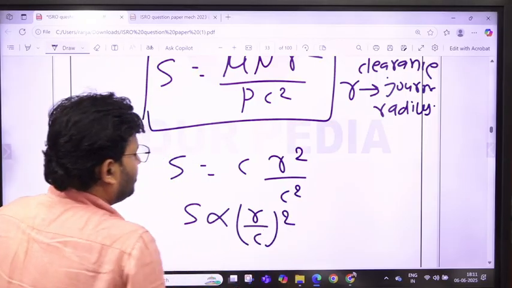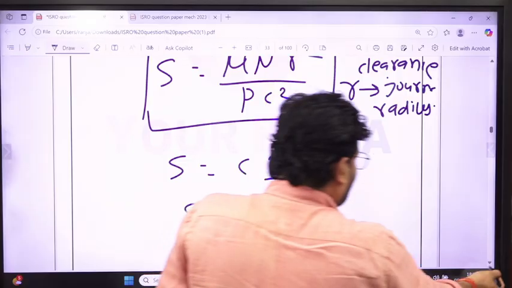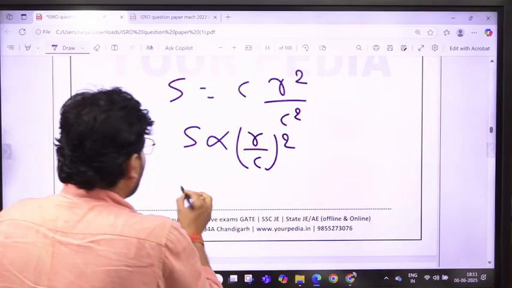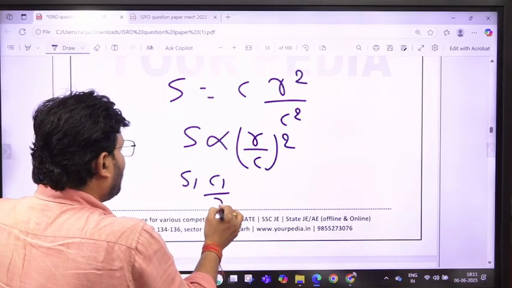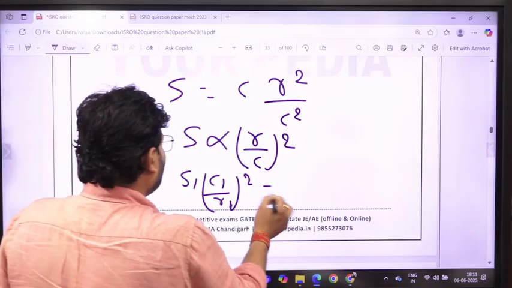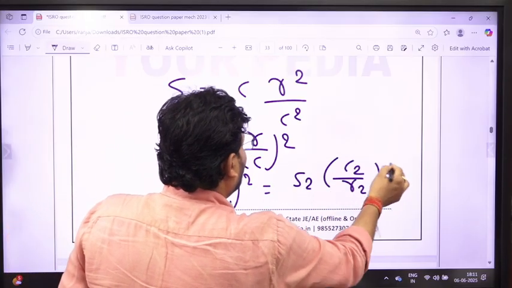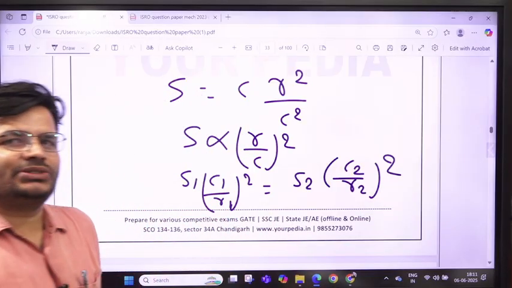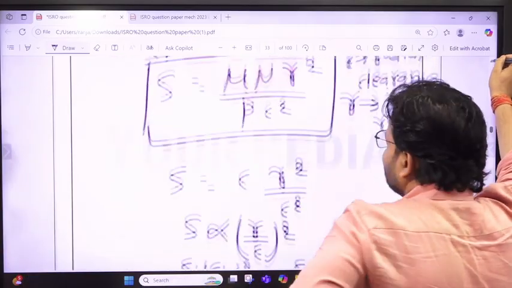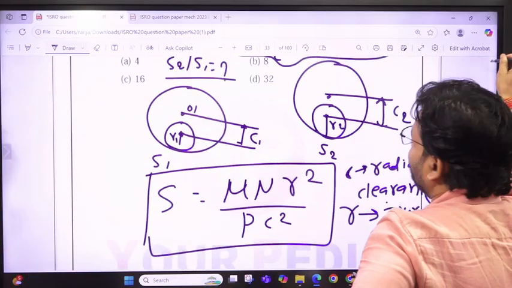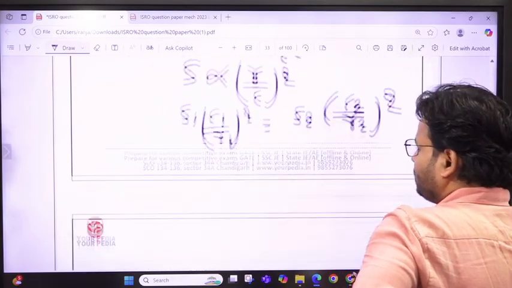So can I say S1 times c1 upon r1 whole square is equal to S2 times c2 upon r2 whole square? Yes, I can. What I have to calculate is S2 upon S1.